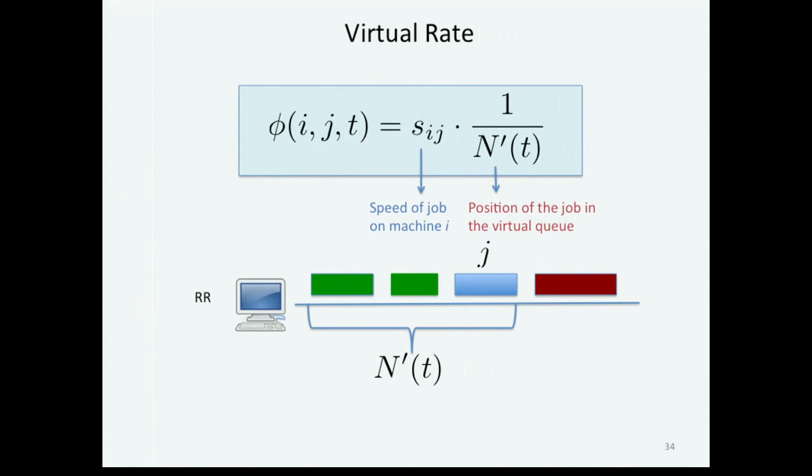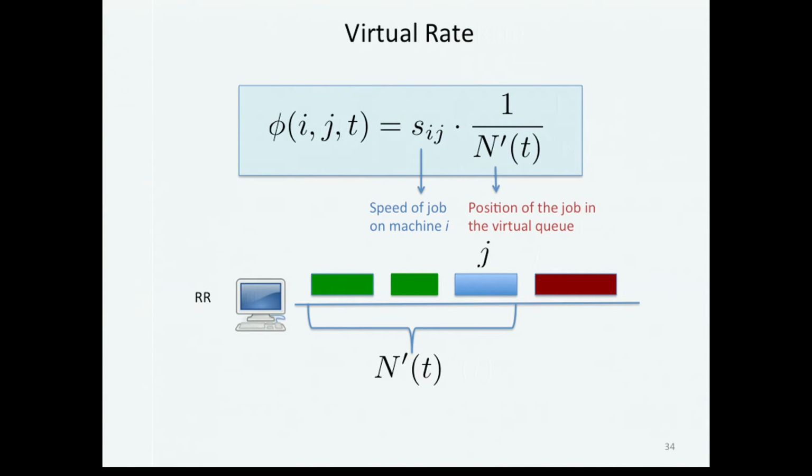Now why do jobs want to change machine assignments? It's based on the quantity we call the virtual rate. Every job wants to maximize this virtual rate. Think of this as the utility of the job. This quantity is the speed of the job on machine i divided by the position of the job in the virtual queue.